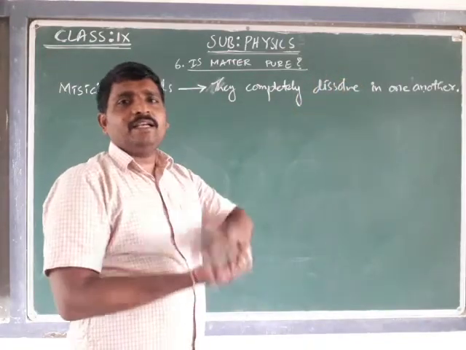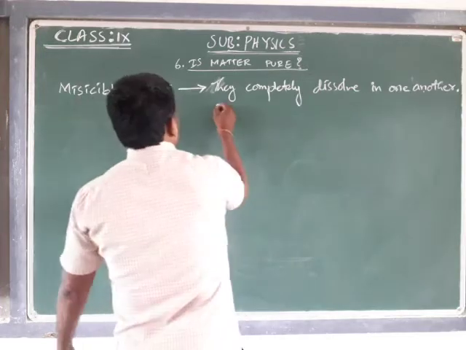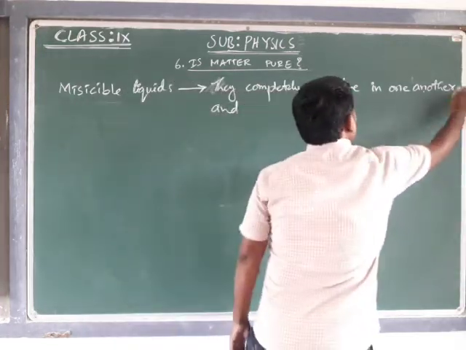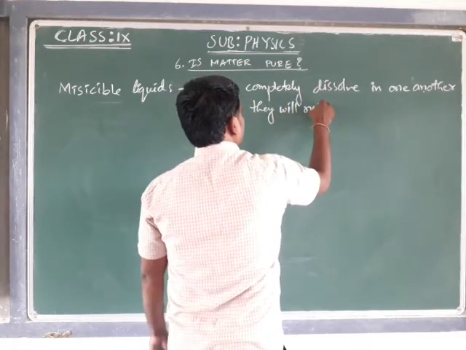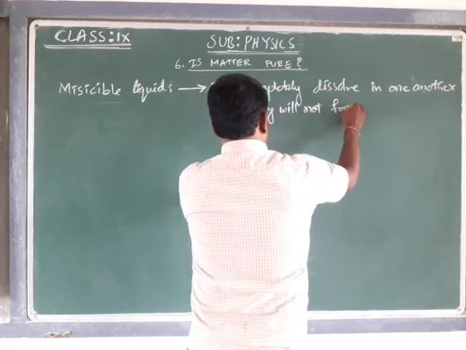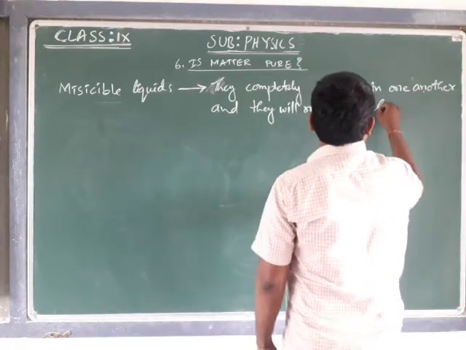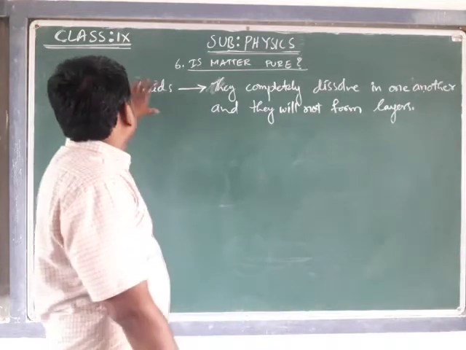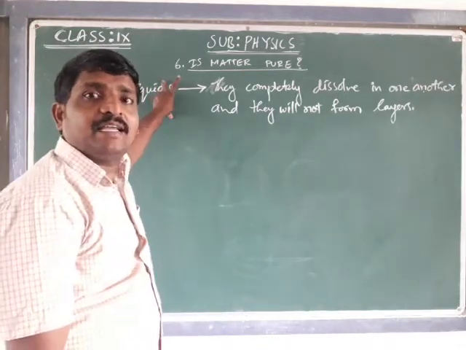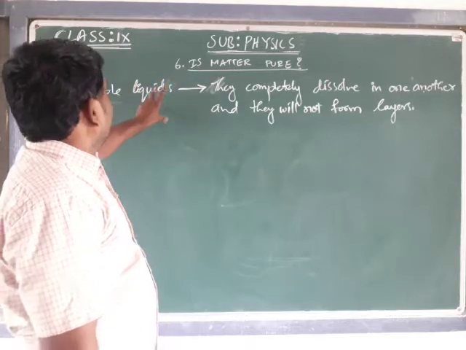If one liquid is dissolved in another, they will not form layers. Those type of liquids we call miscible liquids.